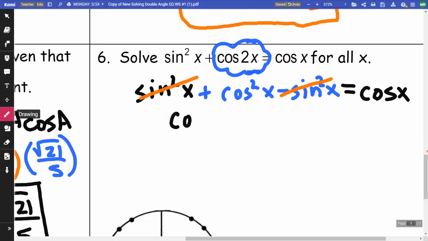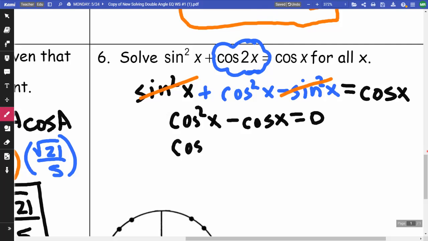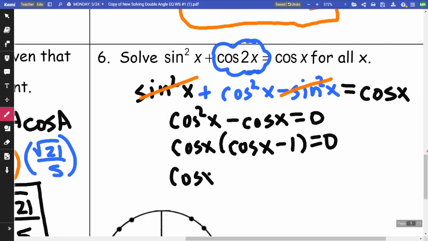So I'm going to be left with cosine squared x. I'm going to minus the other cosine x to this side. And now I can factor out a cosine x from both of them. And I'm going to get cosine x times cosine x minus 1 equals 0. So I'm going to try to figure out where my cosine is equal to 0 and where my cosine is equal to 1.